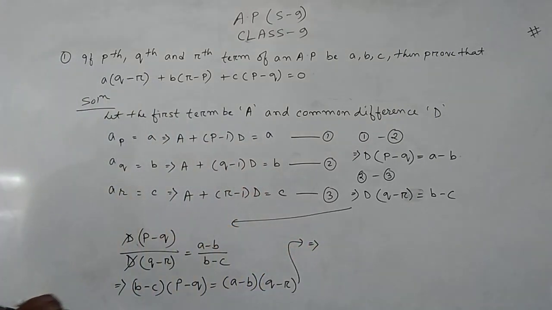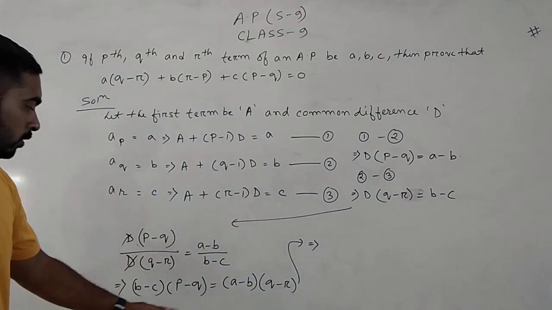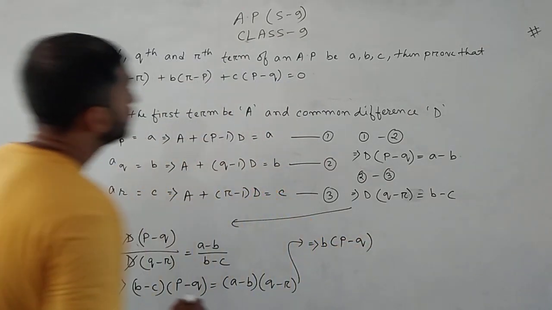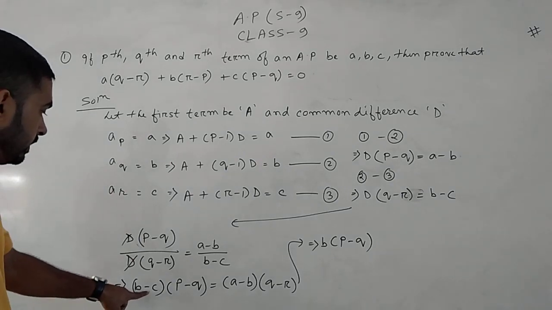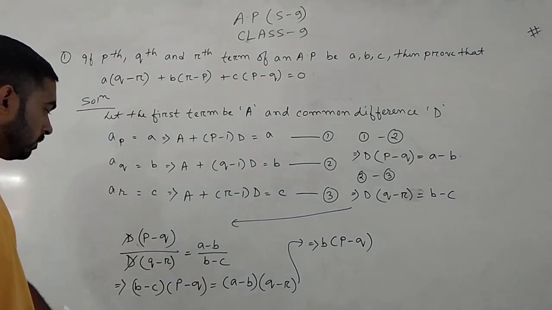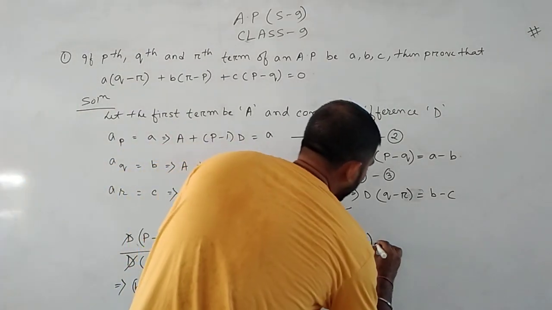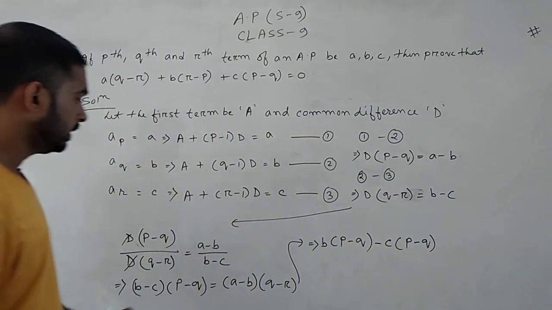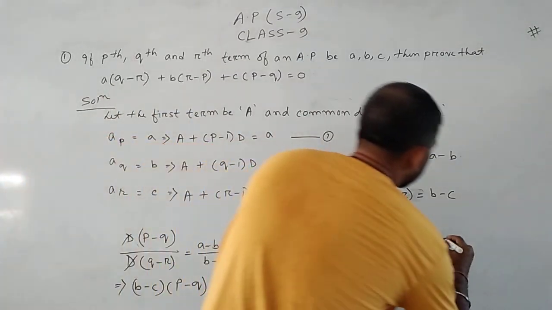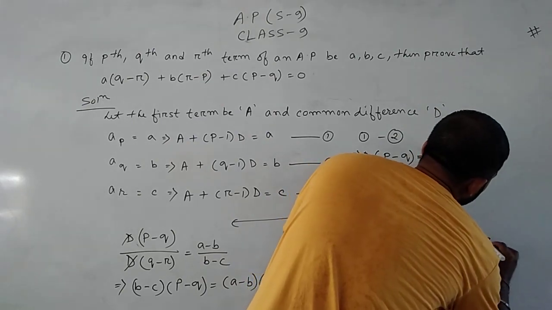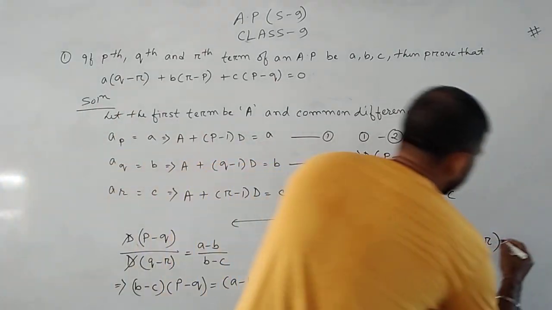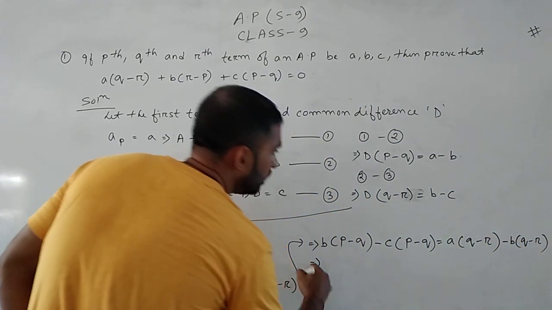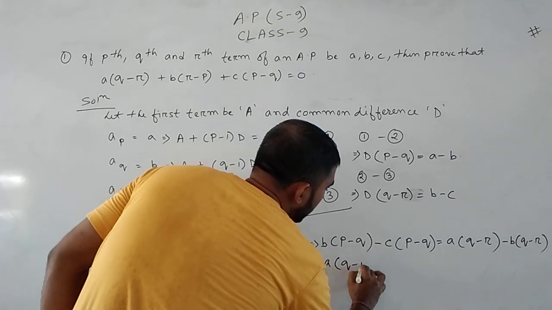Then multiply them. b into p minus q, then minus c into p minus q, equal to a into q minus r minus b into q minus r.